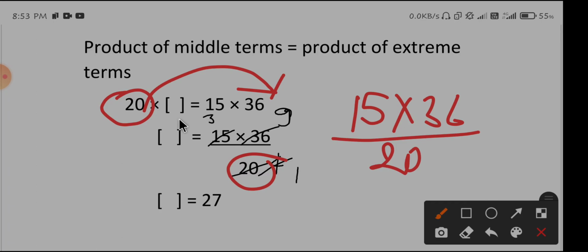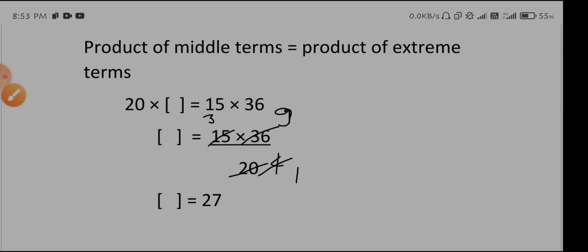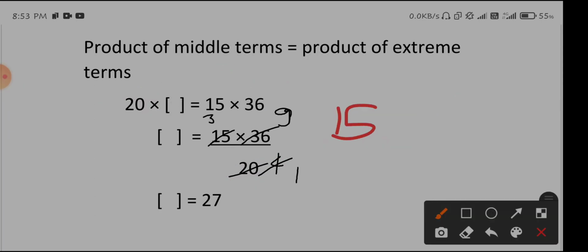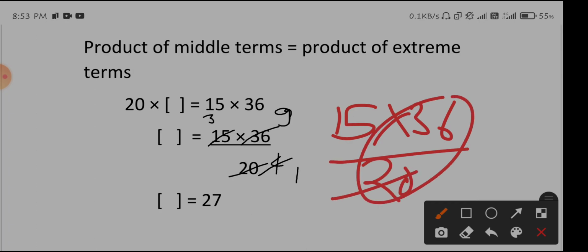Here you can take any two numbers which are divisible by the same number, like 20 and 36. 4 5s are 20, then 4 9s are 36.